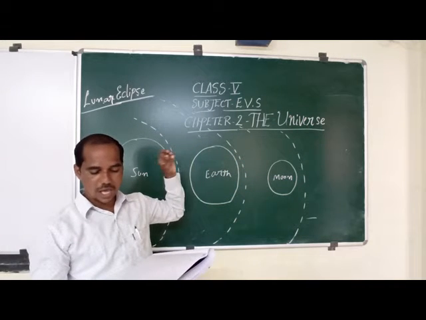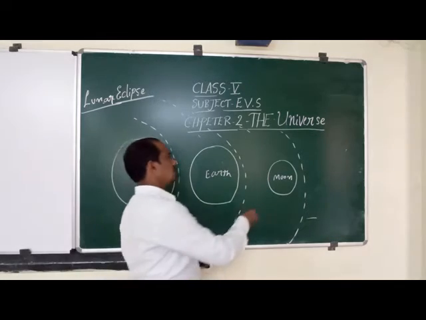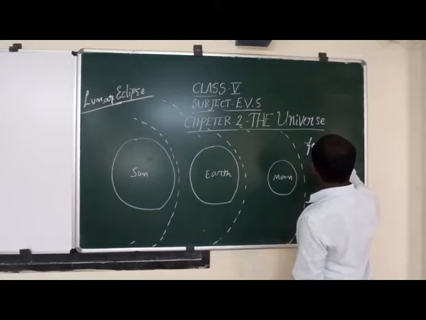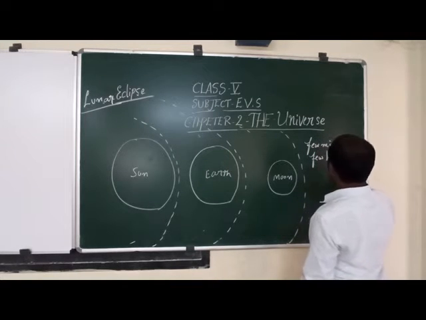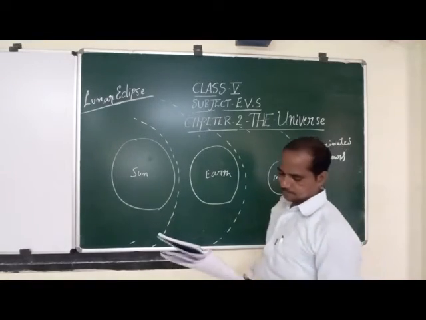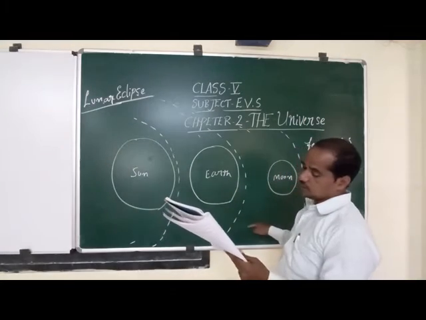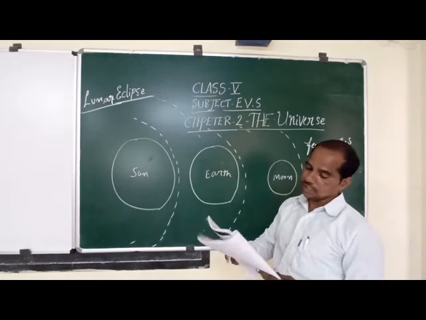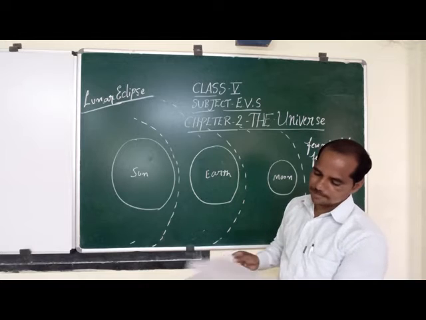A lunar eclipse can last between a few minutes or a few hours. Understood? Okay. As the moon continues its revolving and moves out of the straight line, it can be seen fully again.